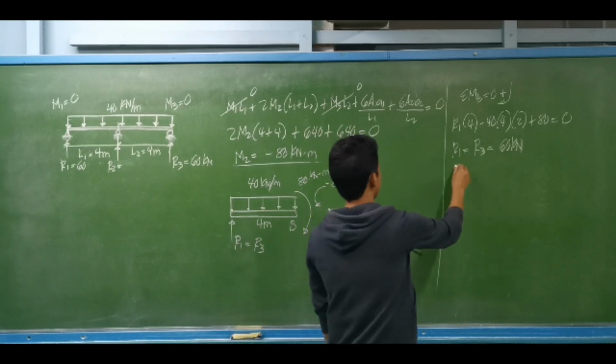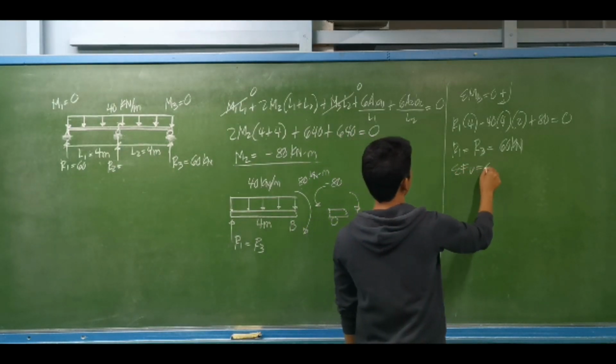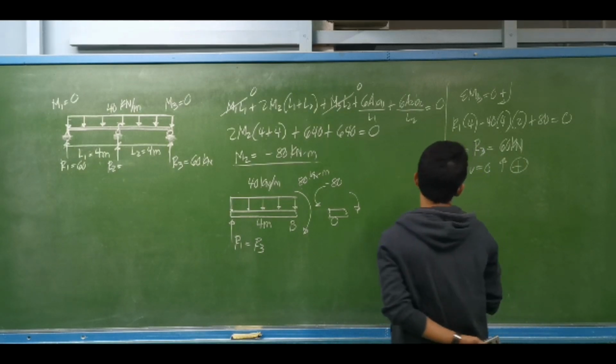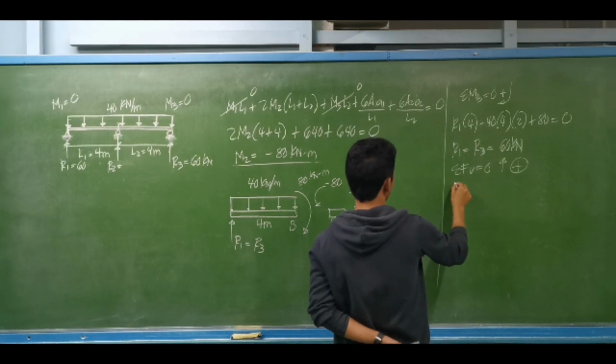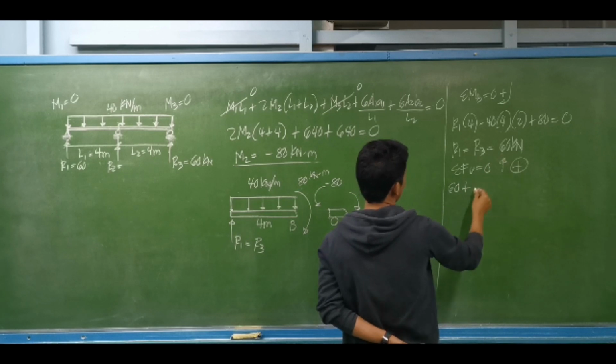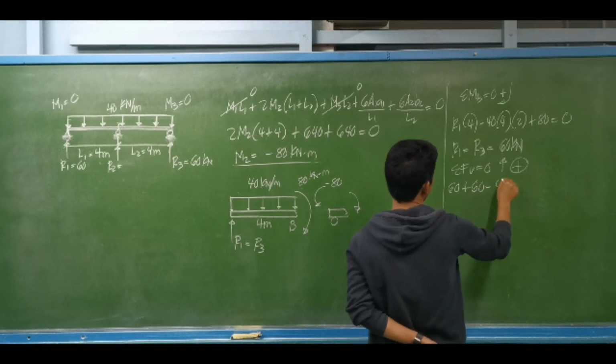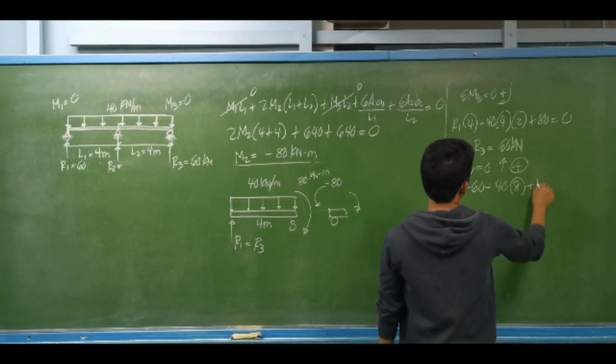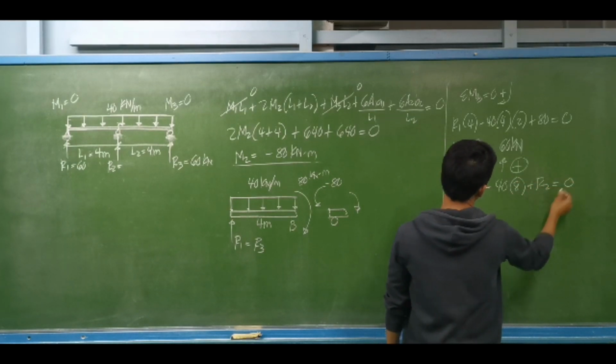This is by summation of vertical forces equal to 0, upward forces to be positive. That will be R1, 60, plus R3, 60, minus the load, 40 over a span of 8 meters, plus R2 equal to 0.